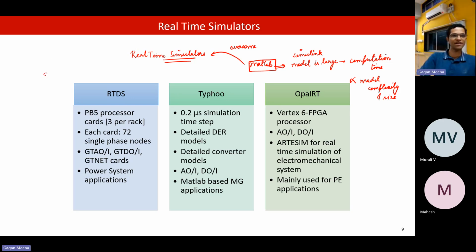So initially we had this SCADA system, the supervisory control and data acquisition. Now we have these PMUs. The PMUs use the synchro phasors.